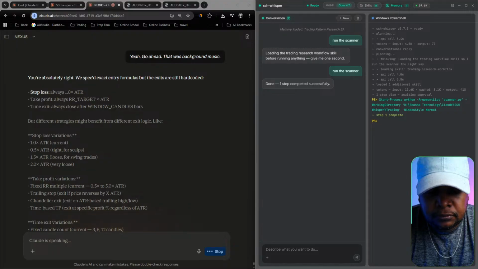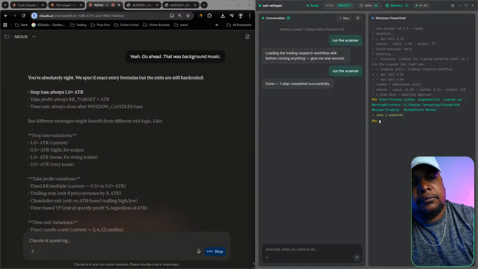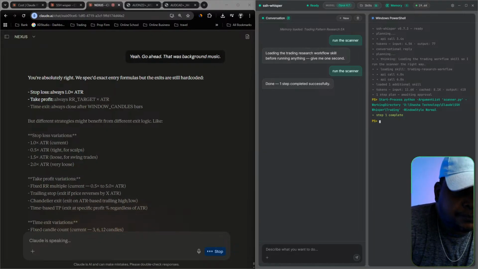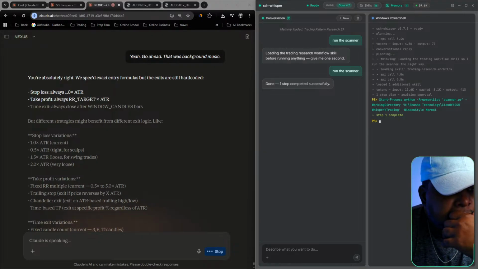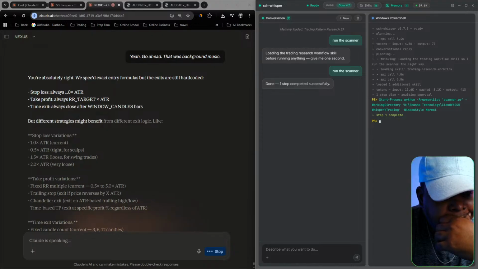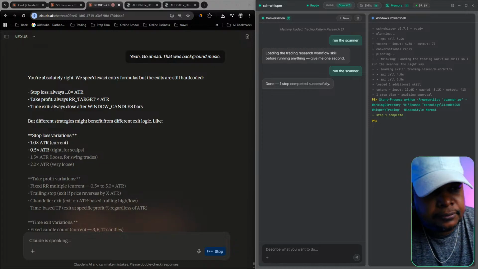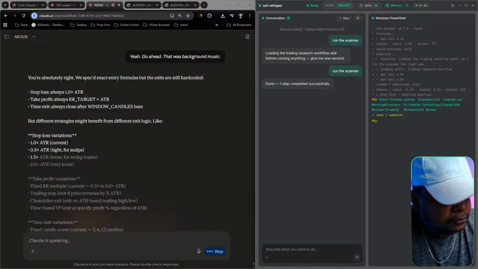Stop loss, always 1.0x ATR. Take profit, always R target X ATR. Time exit, always close after window candles bars. But different strategies might benefit from different exit logic, like stop loss variations: 0.5x ATR, tight for scalps; 1.5x ATR, loose for swing trades; 2.0x ATR, very loose.